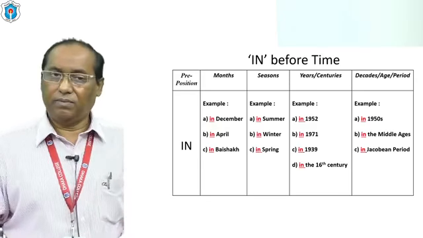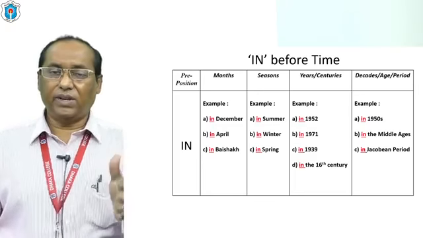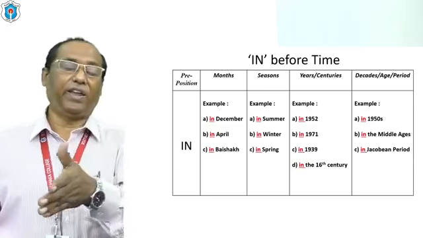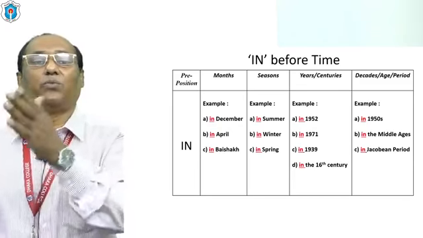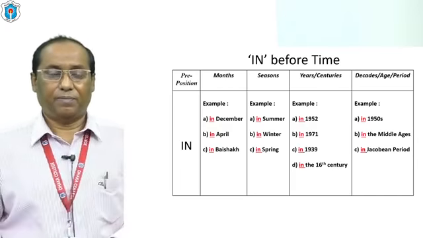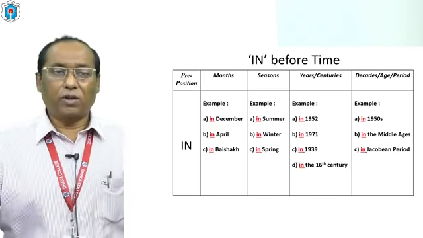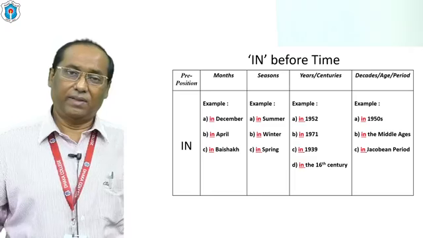For example, in 1971, Bangladesh became free. In 1971, this is a year. The language movement took place in 1952.